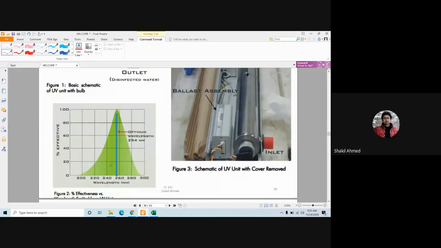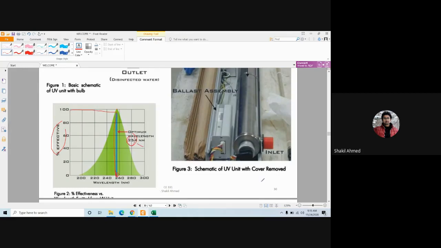And as you can see, the maximum disinfection happens at a wavelength of 254. Maximum effectiveness, around 100%, you get at 254 nanometer wavelength, so we use it to kill the pathogens.